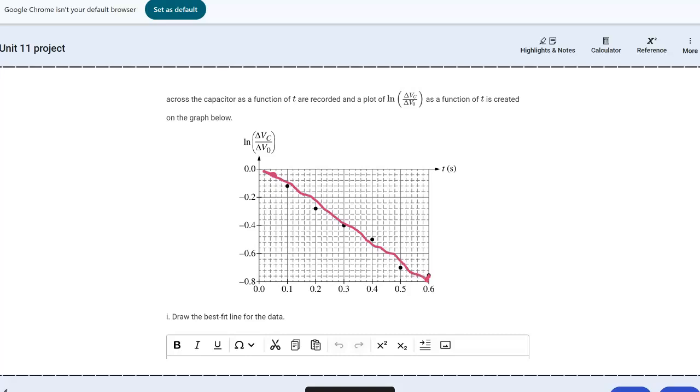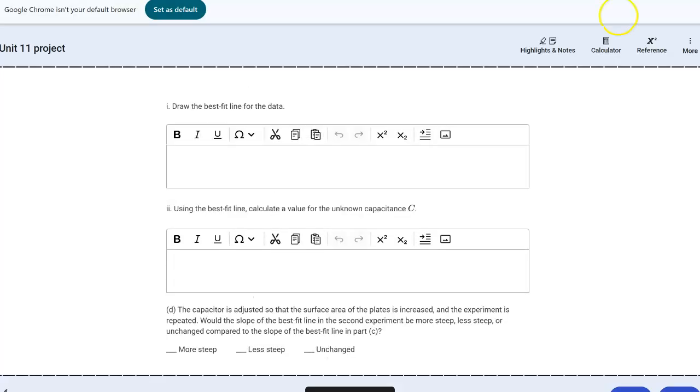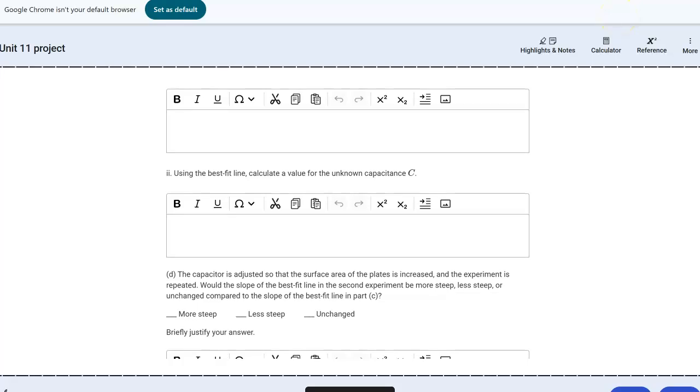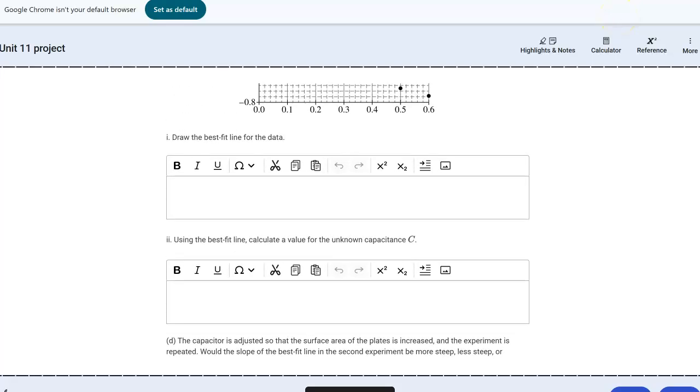That's not the greatest, but it'll do. If you don't have a ruler, use your hand or another pencil, anything to make it completely straight, and that it goes through this top point and this bottom point. I didn't do too good a job because I'm on the computer, but those are our 3 points. Using the best fit line, get the value for the unknown capacitance C.